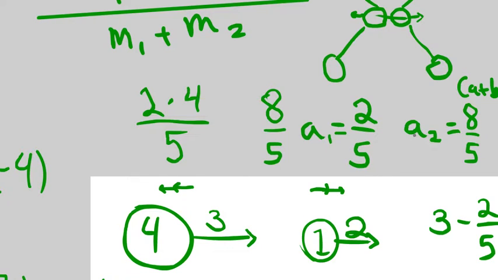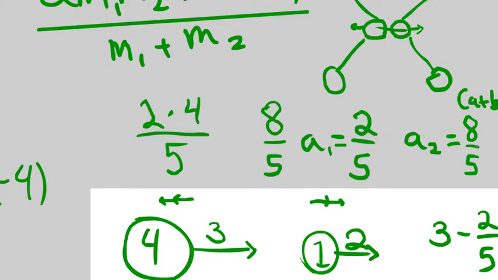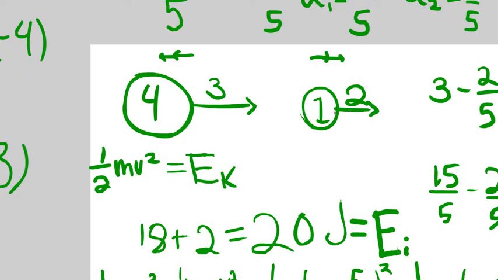And the change in velocity for the second one would be 8/5, because you divide it by the mass. So 8/5 divided by 1 is 8/5, and 8/5 divided by 4 is 2/5. So this is the change in velocity. And remember, you have to subtract it from this one and add it to this one, so that they're in the opposite direction.